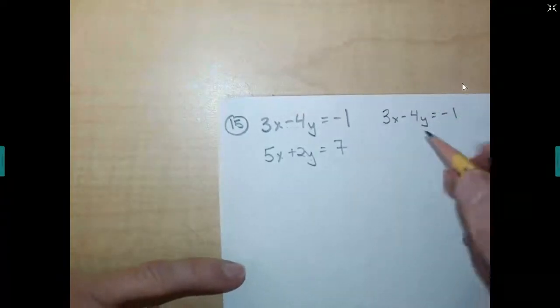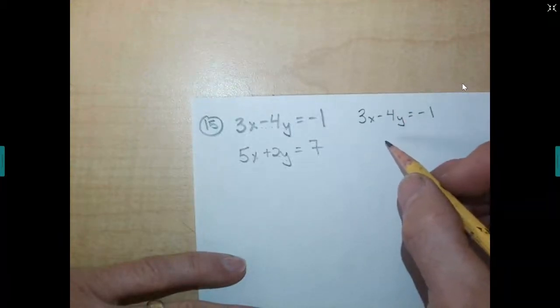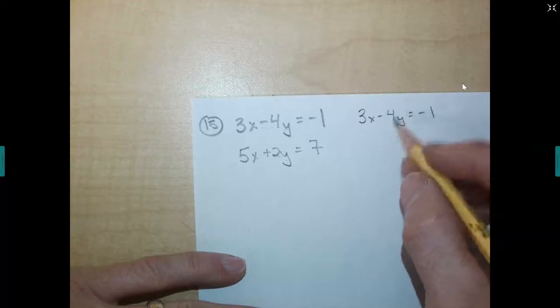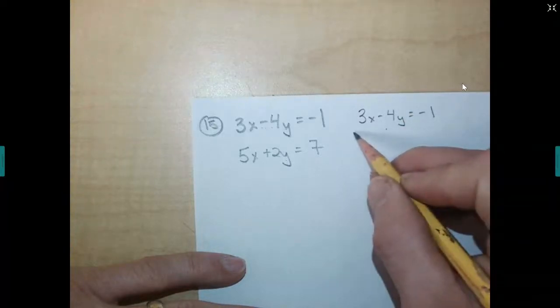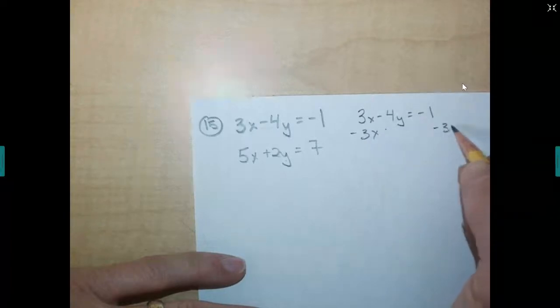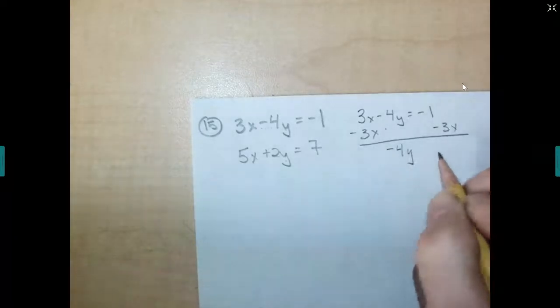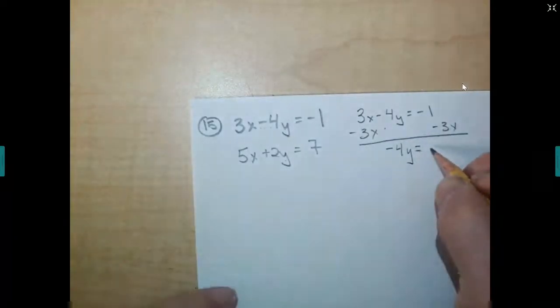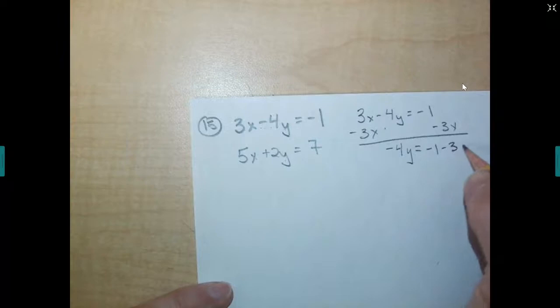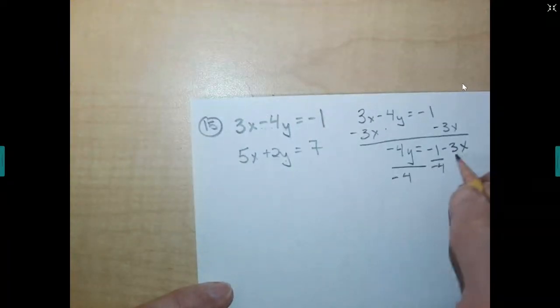Wow, we're going to get fractions either way. Unfortunate, but what can you do? Minus 3x, minus 3x. So I have negative 4y equals negative 1 minus 3x. Divide by negative 4, divide by negative 4, divide by negative 4.